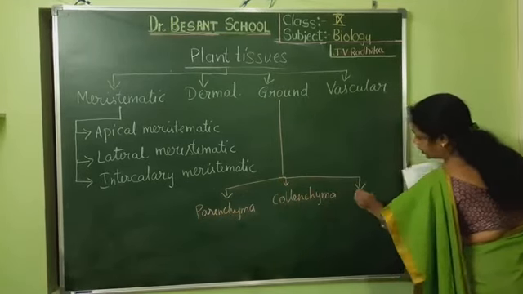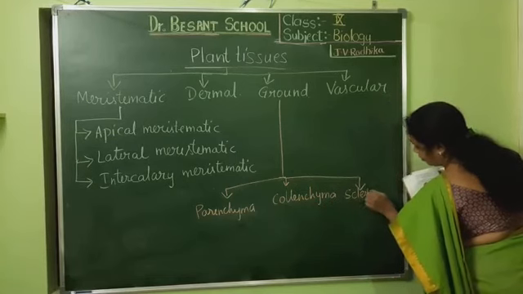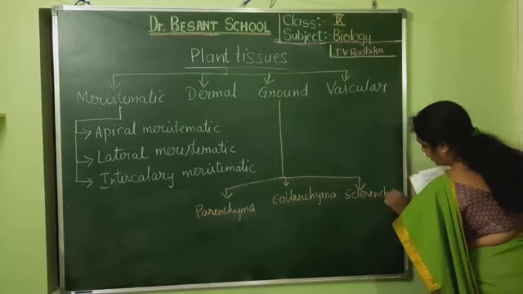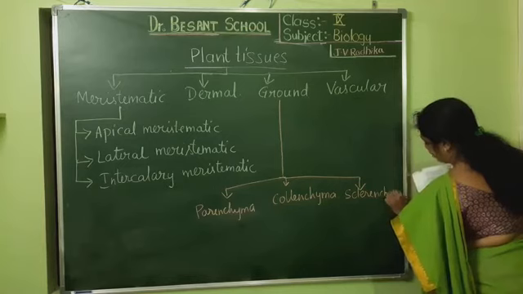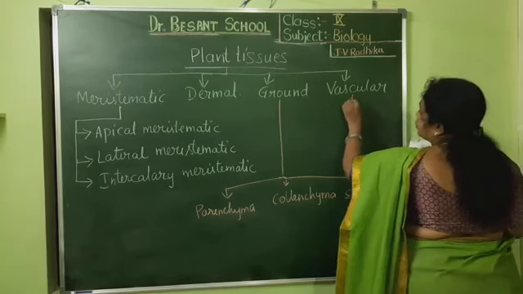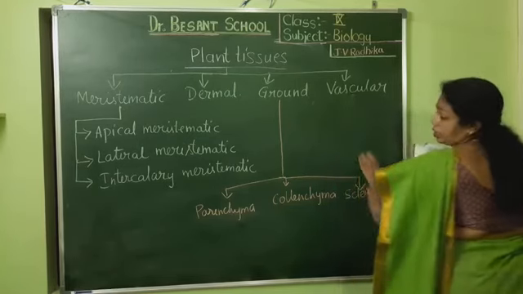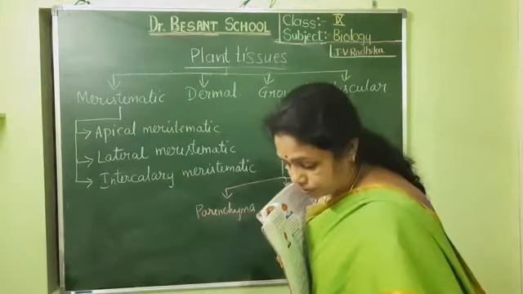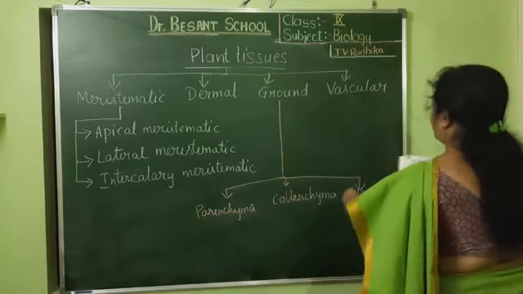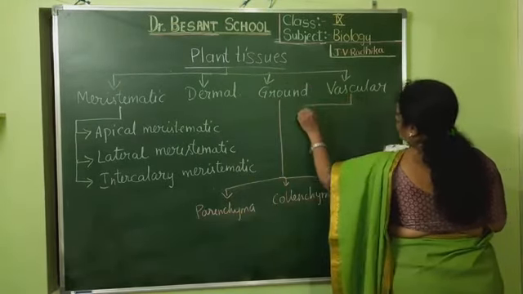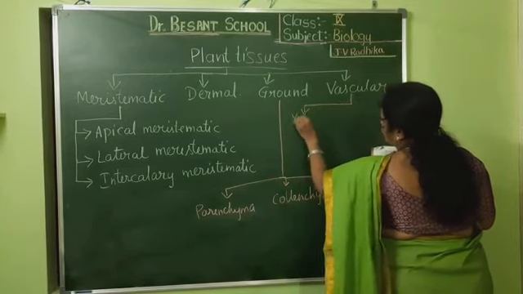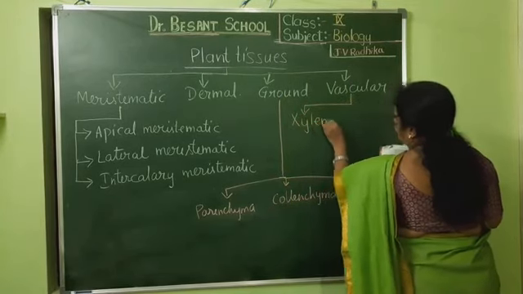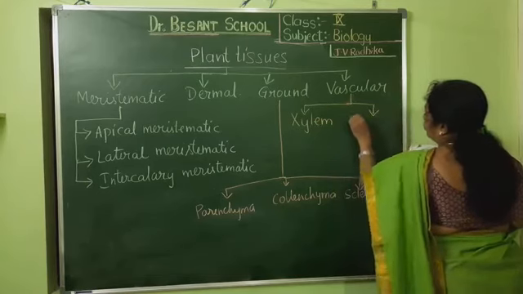The third one is sclerenchyma. I shall be explaining about each one again. Now vascular tissue can be divided into two types again. There are two components: they are xylem, and the other one is phloem.